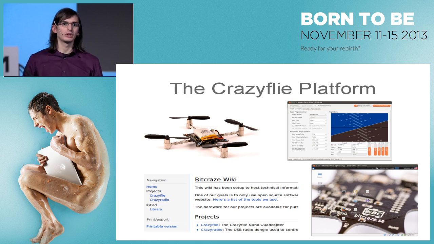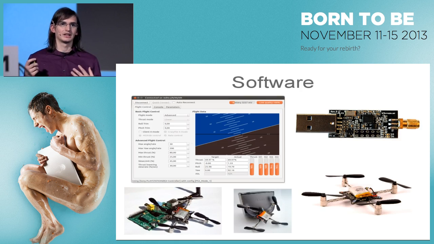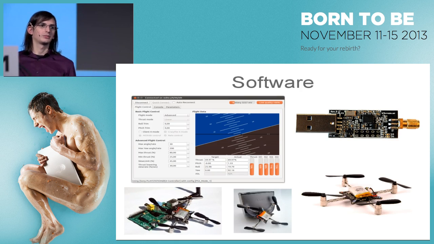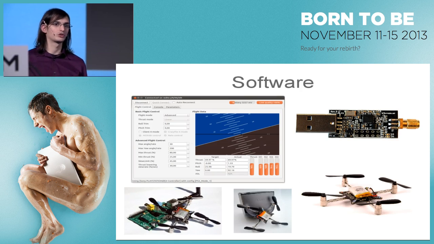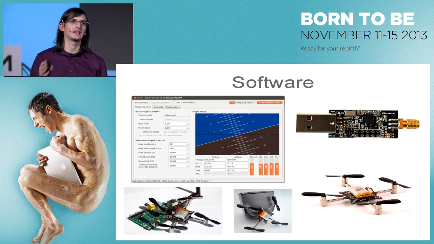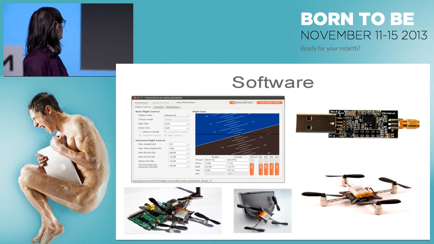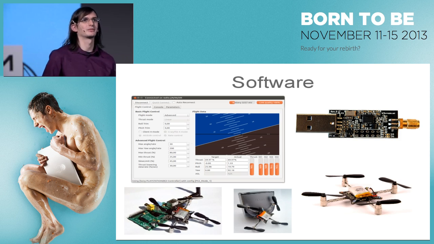And we also developed as much as we could software for the PC to be able to control the Crazyflie, to control it from the joystick, but also to get telemetry and to set up things as we wanted to. So the software, that's our main software. It's made in Python from day one.